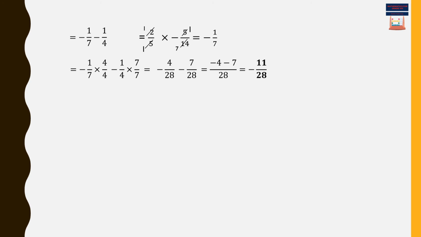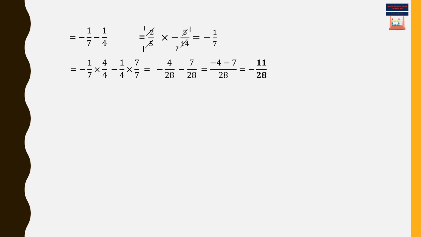Here again we need to make the denominators the same, by taking the LCM of 7 and 4. The LCM of 7 and 4 is 28, and we get 28 by multiplying 7 with 4 and 1 with 4, by multiplying the numerator and the denominator with the same digit.